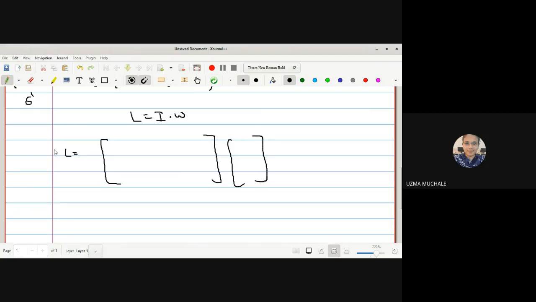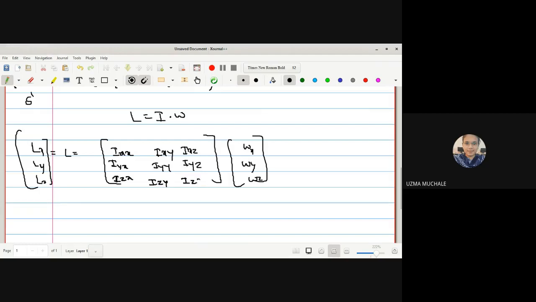L is Lx, Ly, Lz, the three components, which is equal to the matrix Ixx, Ixy, Ixz, then Iyx, Iyy, Iyz, then Izx, Izy, Izz, multiplying Wx, Wy, Wz.